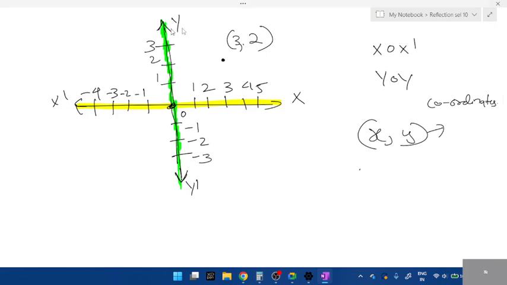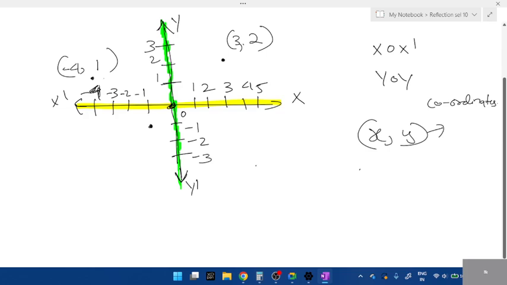Okay. Next, let me plot a point here. You tell me the answer. First, X. Where is it touching? Towards X. And Y? 1. So this is X and Y. Right? Now one more point here.